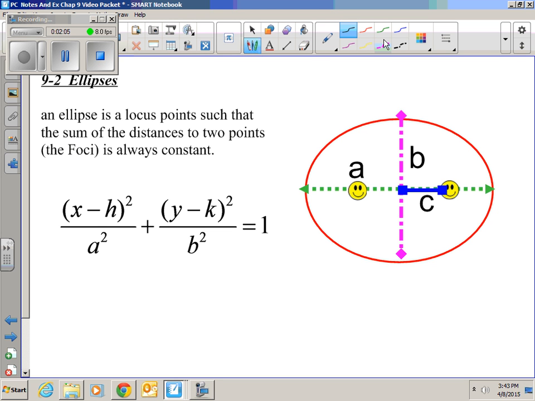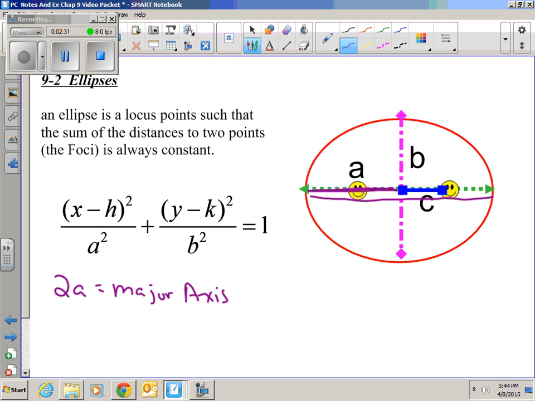This distance a, let's do this in purple, goes from the center point to the edge of my ellipse the long way. 2a we call the major axis. So this distance right here would be 2a.